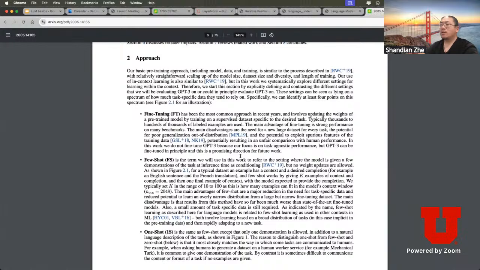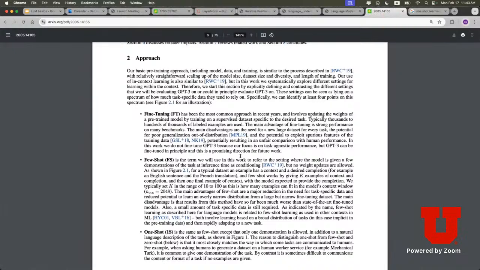Once the model is trained, the model is fixed. What you need is just to provide different types of prompts. One type of prompt is like, okay, I give you a list of question and answer pairs as the condition or context, and next I give you a new question and ask the model to complete the answer. I see.